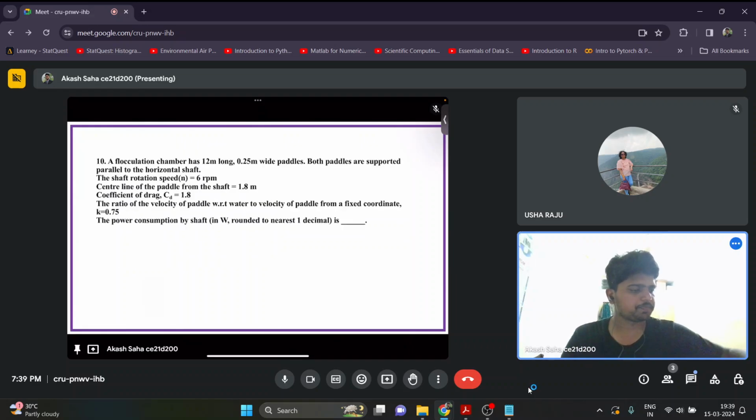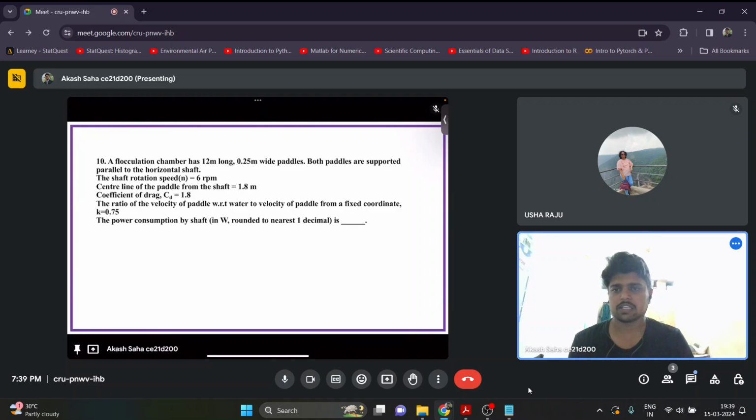Now the next problem. A flocculation chamber has 12-meter long, 0.25 meter wide paddles. Both paddles are supported parallel to the horizontal shaft. The shaft rotation speed n is 6 rotations per minute. The center line of the paddle from the shaft is 1.8 meter.